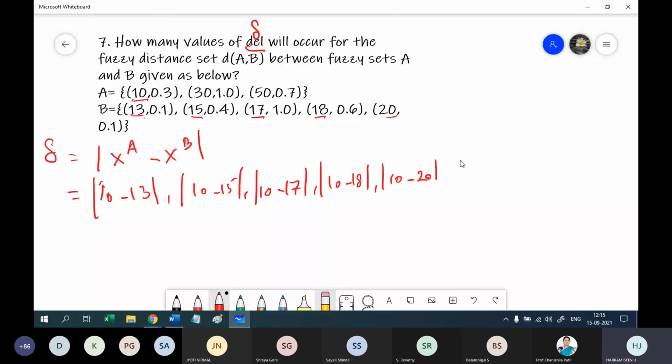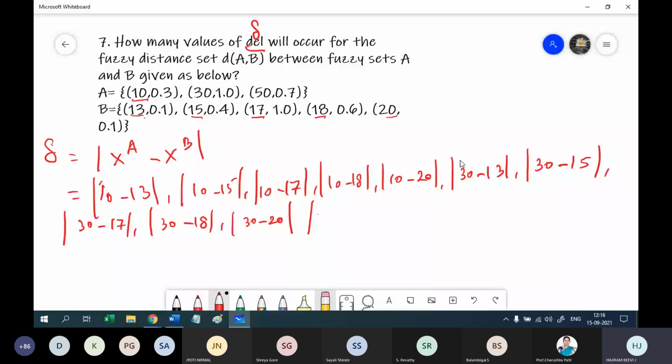Then the next one: 30 minus 13, 30 minus 15, 30 minus 17, 30 minus 18, 30 minus 20. Then for 50: 50 minus 13, 50 minus 15, 50 minus 17, 50 minus 18, then 50 minus 20.